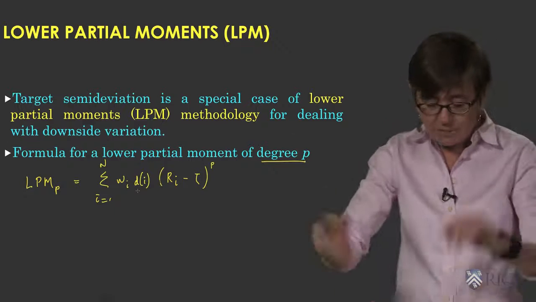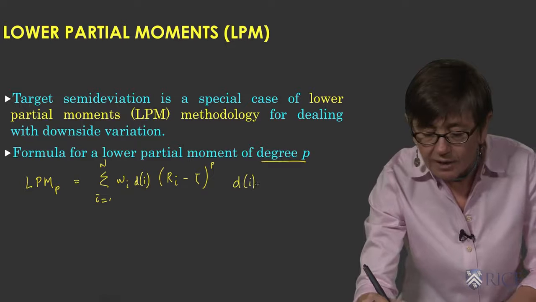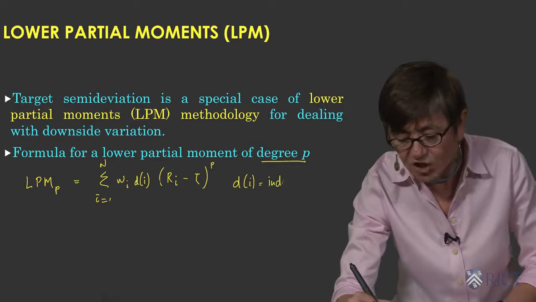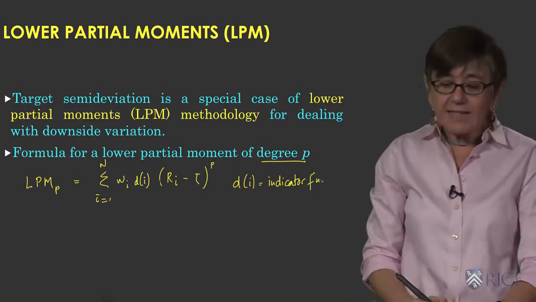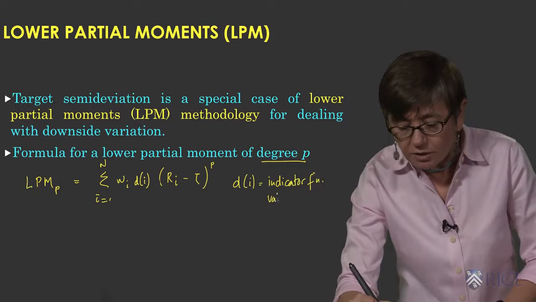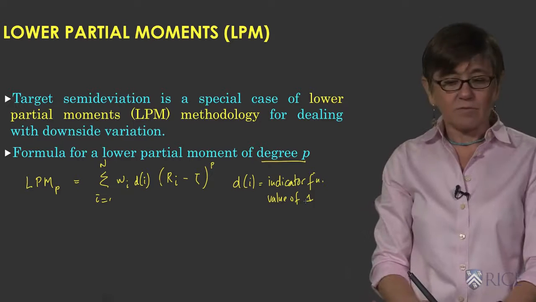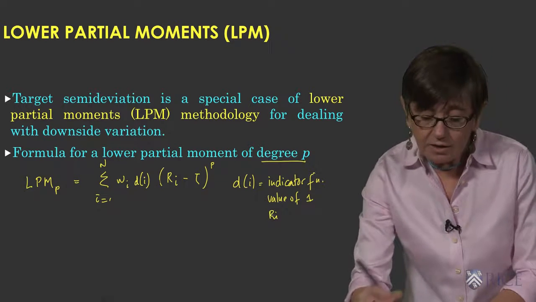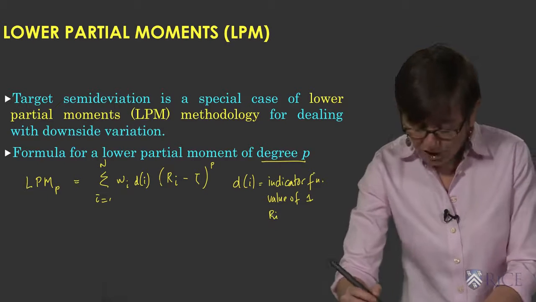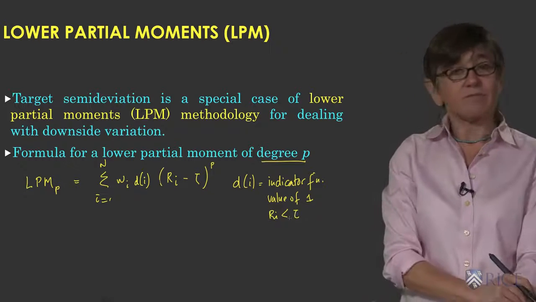We have n observations. What is d of i? Well, it's an indicator function that takes a value of 1 if the return observation falls short of the target.